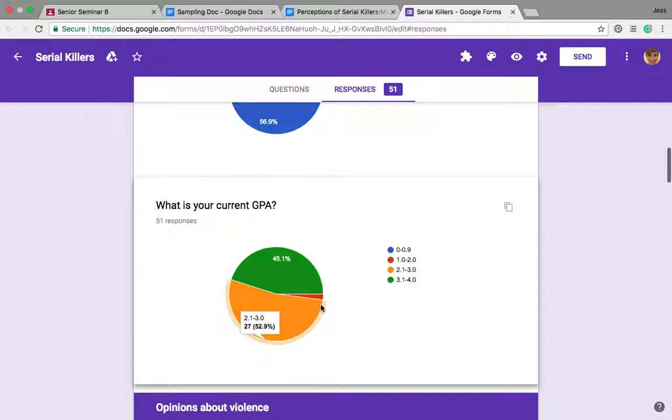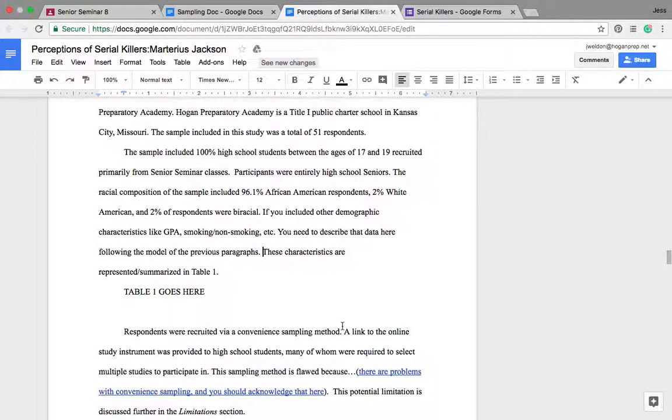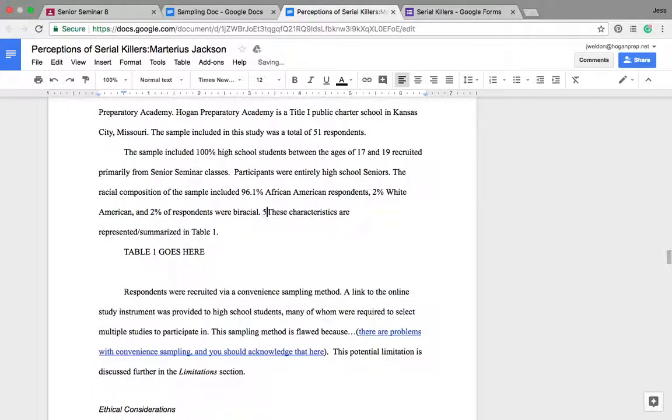It looks like the highest percentage of our respondents was 52.9% had a GPA range of 2.1 to 3.0. So easy. I'm going to take this out. 52.1.